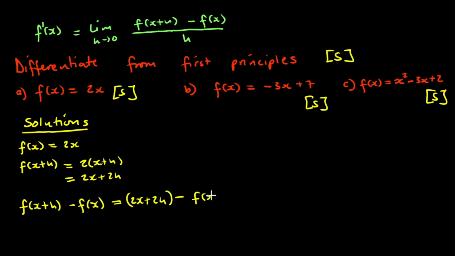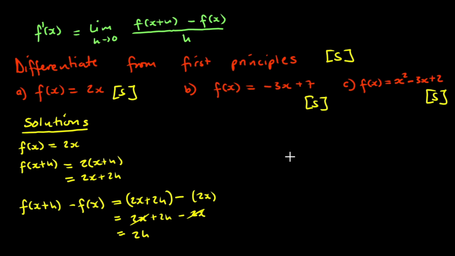Minus f of x, which is minus 2x, and please use brackets. Now expand your brackets. That's 2x plus 2h minus 2x. And we are going to be left with our answer, what? 2h, because 2x minus 2x will become 0.